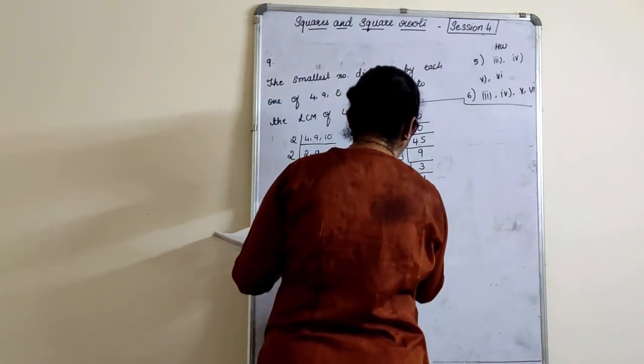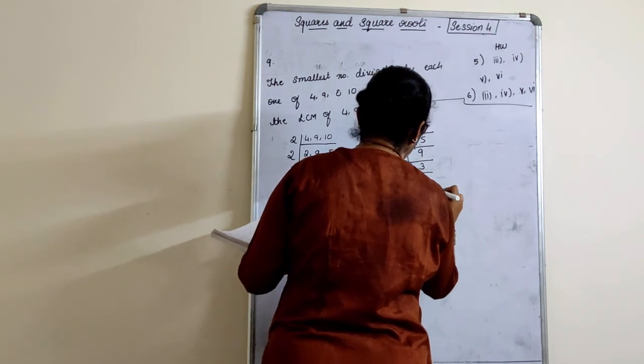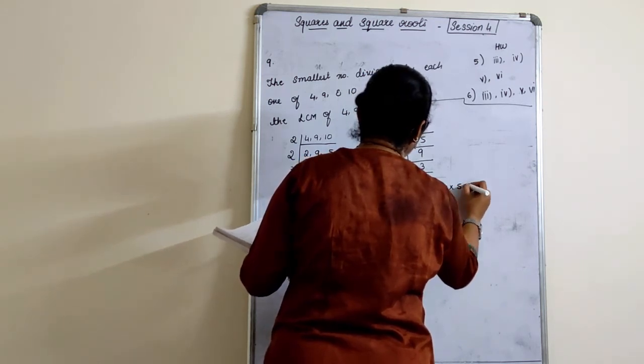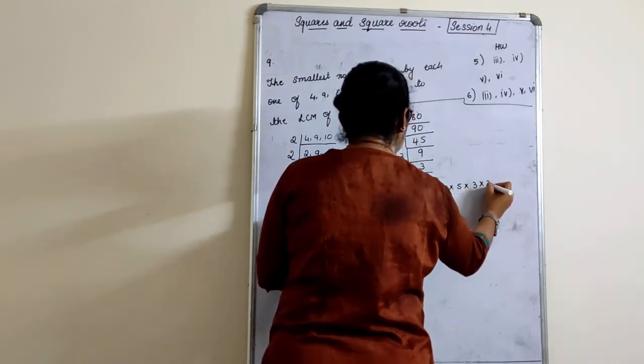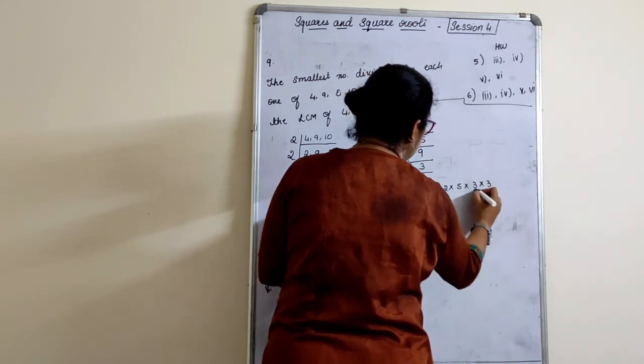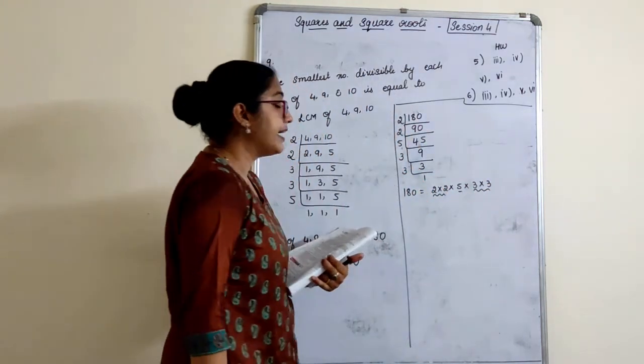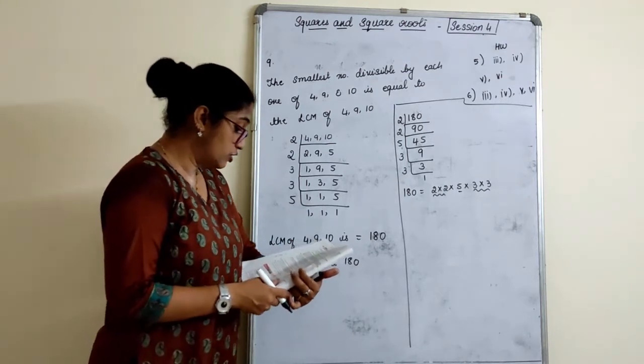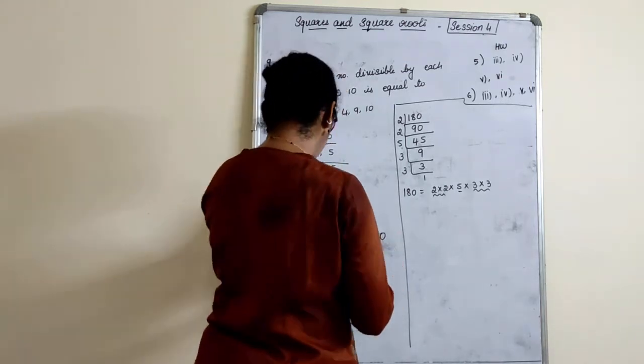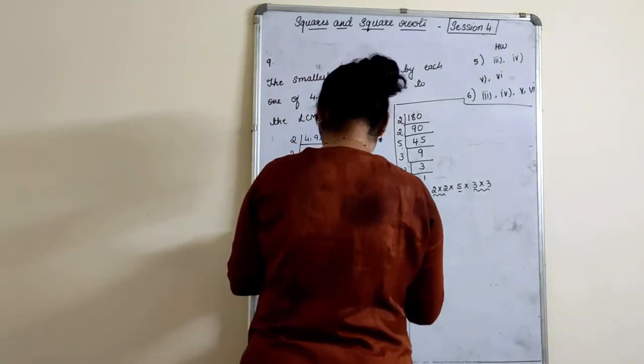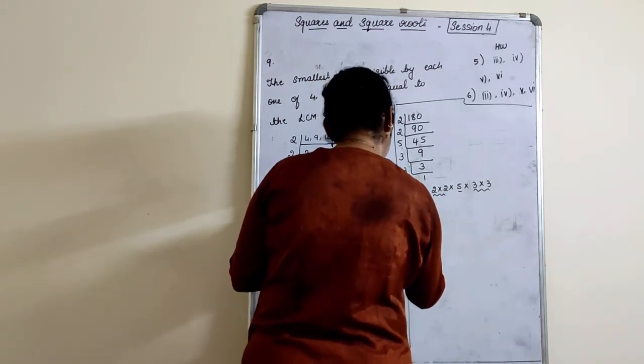So factors of 180 are 2 into 2 into 5 into 3 into 3. Now when you see, here 2 and 3 have pairs but 5 does not have a pair.